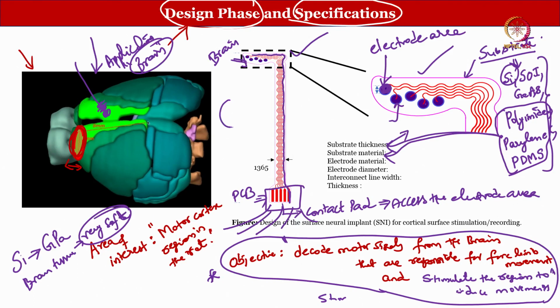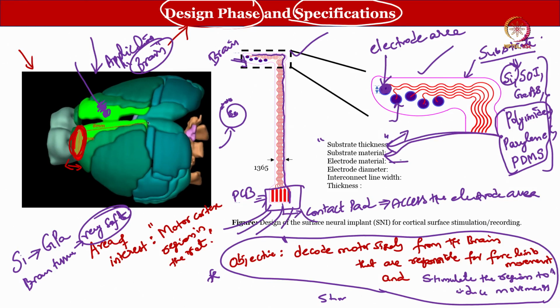The electrode contact pads are here, the electrodes are there, and it is very difficult to make it linear and then put it on the brain, a very difficult task for the doctors. And if you use too much thickness, then it may not be in contact with the tissue. So, one has to strike a balance in deciding the substrate thickness.